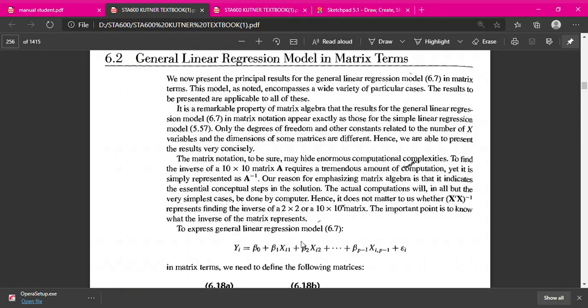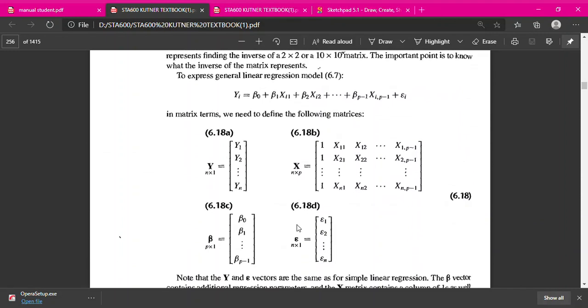Okay, so as you know, this is the notation for matrix terms, which is matrix of y. We bold the y. We just put the observations of y in a single vector. So matrix y will be n by 1. n means we have n rows, which is n observations, by one column.